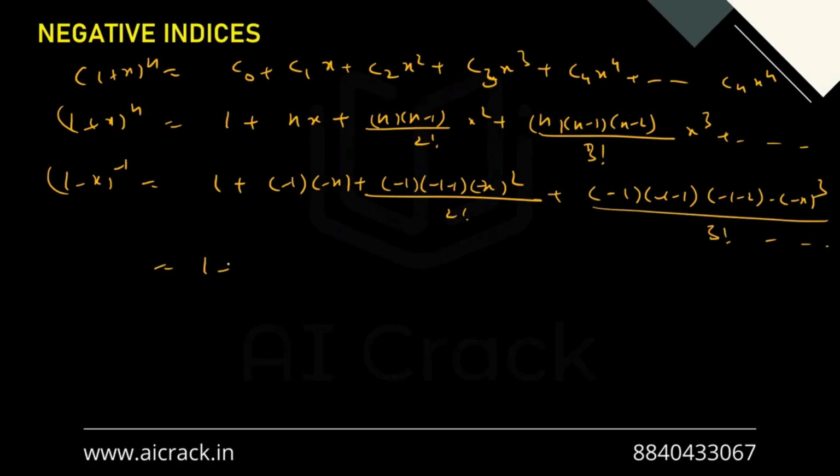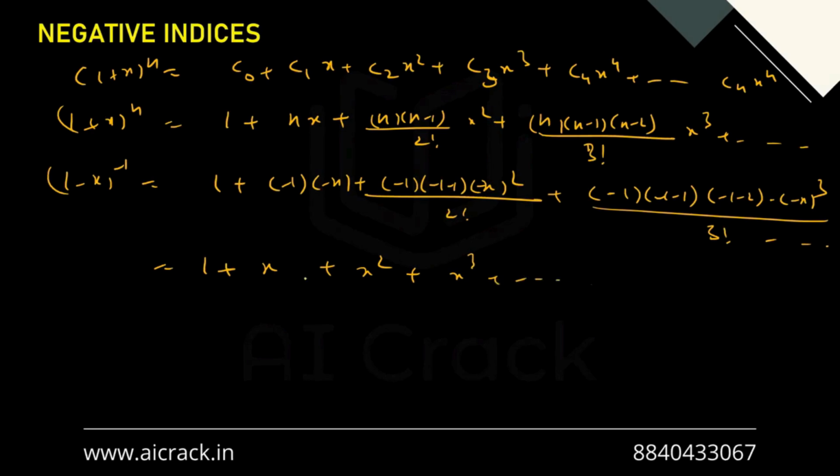So I'll be getting 1 and plus x over here, right? And this minus and this minus would become positive and this becomes 2, which gets cancelled out, so this becomes x square. Now we have 4 negative signs over here, 1, 2, 3 and 4, so again it will become positive. And we have 3.2.1, so 3 factorial gets cancelled out, it becomes x cube.